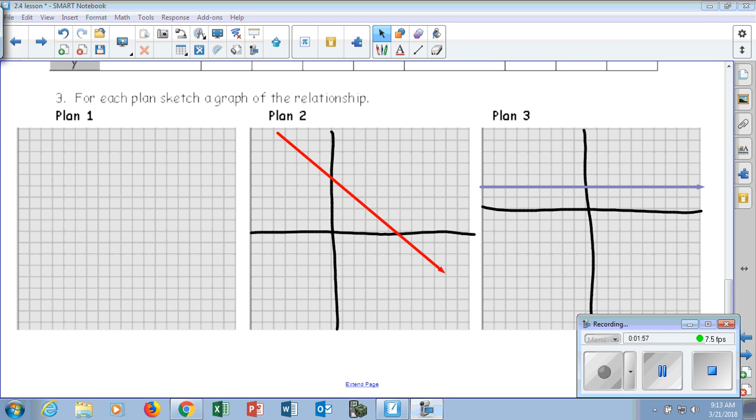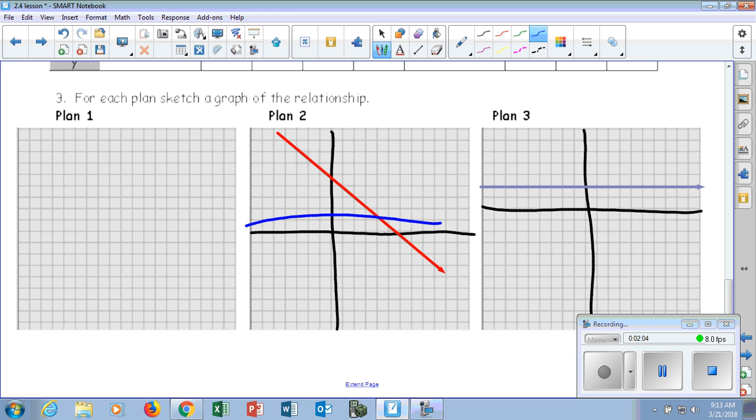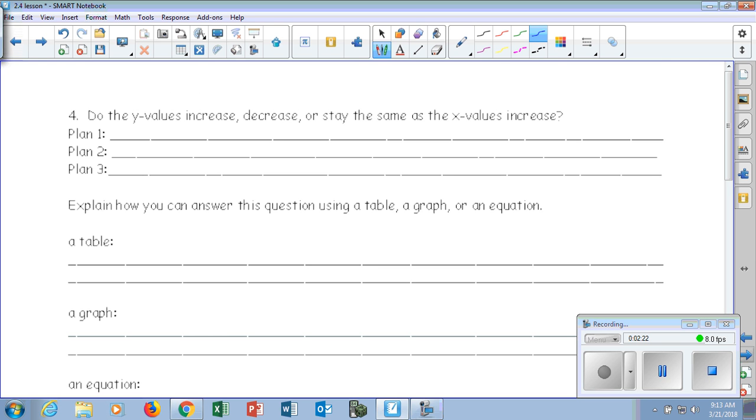Okay, now that I remade the lines, we can look at our plan 2, and as our x-axis is increasing, which means it's going from the left in the negative area, and it's moving to the positive area, what is my y-axis doing? Lily? It is decreasing, exactly. So our plan 1 is increasing, and plan 2 is decreasing.